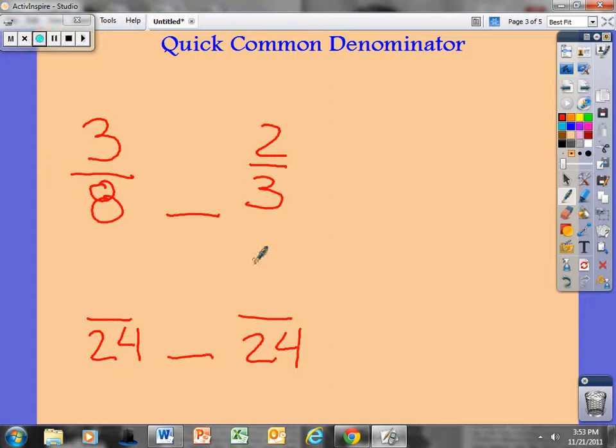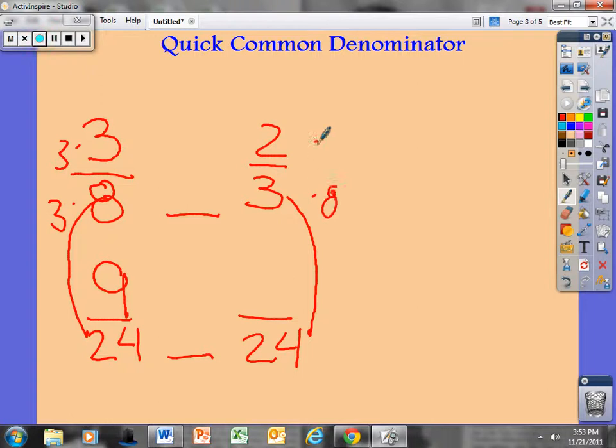Now, what did I multiply 8 by to get 24? I multiplied it by 3. 3 times 3 is 9. What did I multiply 3 by to get 24? I multiplied it by 8. 8 times 2 is 16.